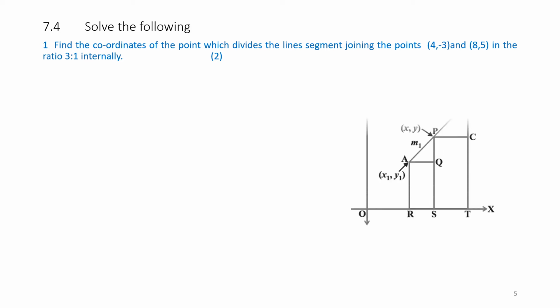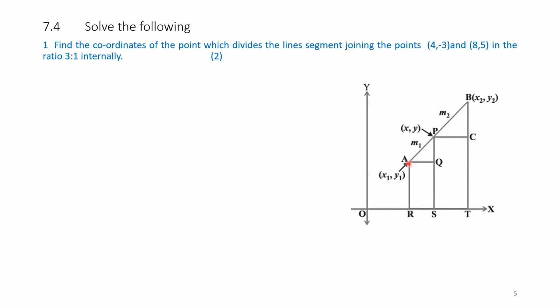Let us solve it. Please see the figure. Though the figure is not given in the question paper, for the purpose of understanding and explaining, I have repeated the figure which was given earlier in this presentation. Here is point A (x1, y1), B (x2, y2) and P is (x, y), and it is dividing in the ratio m1 is to m2.